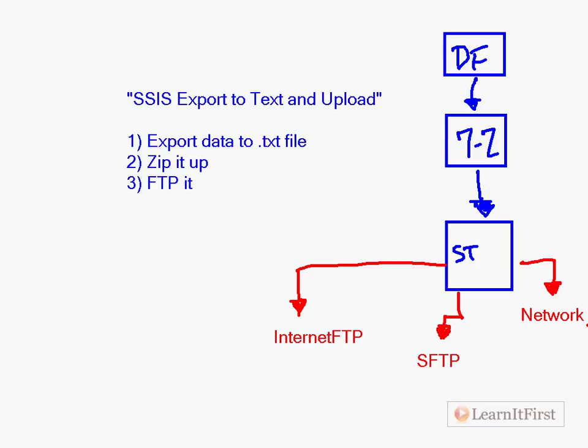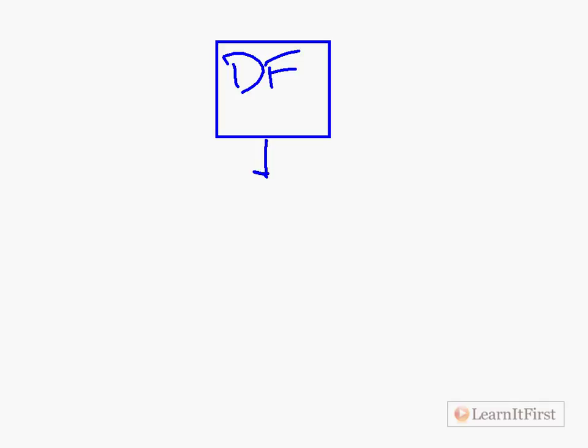Now, the contrast for this, just to make sure you understand, I'm going to make another one here. I'm going to use another data flow task up here. So here's our data flow task, and here's an execute process task to do 7-zip.